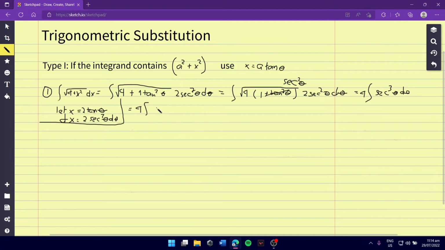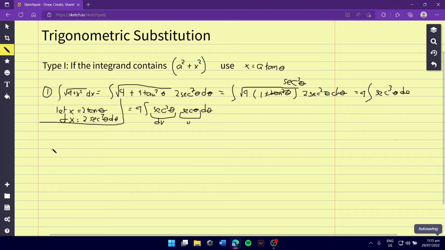So we have here 4 times the integral of secant squared theta times secant theta d theta. So now we will determine u and dv. So this is our u, and this is now our dv.